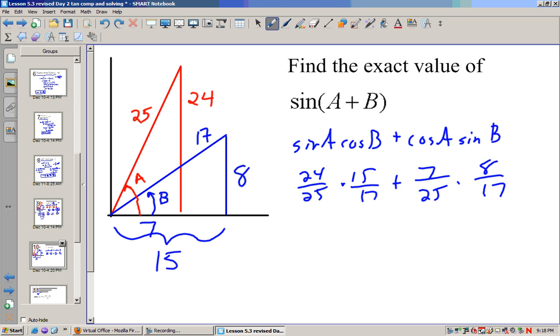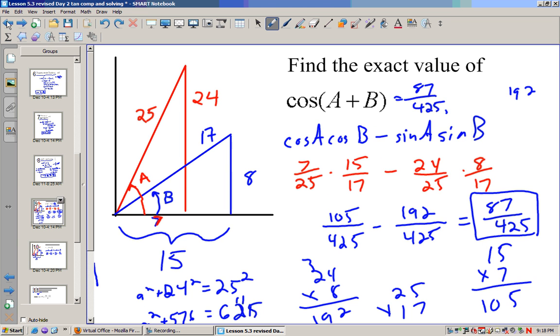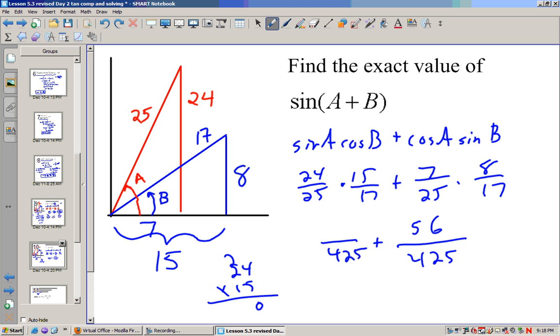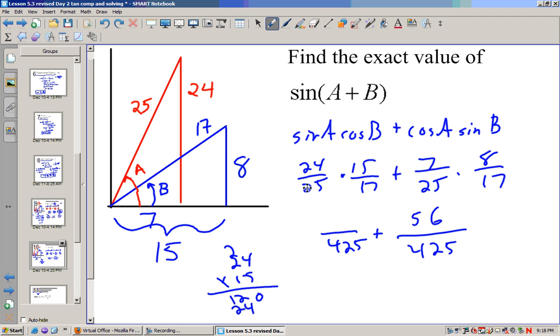So now we just multiply them. 25 times 17 we found was 425. 7 times 8 is 56. 24 times 15 is going to be 360. So 360 plus 56 is going to be 416 over 425. And that is my answer.